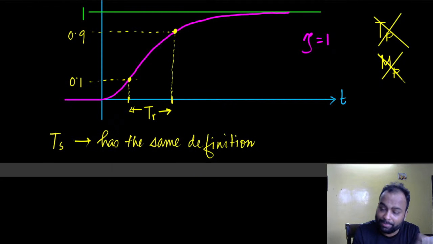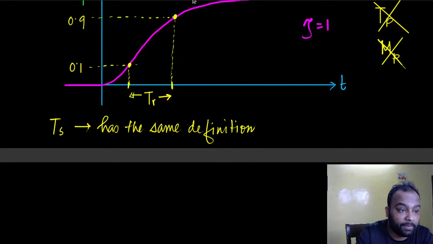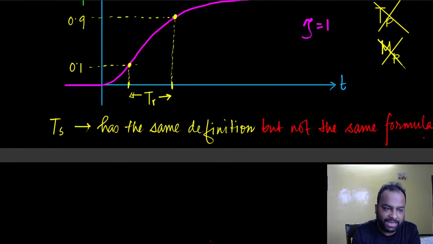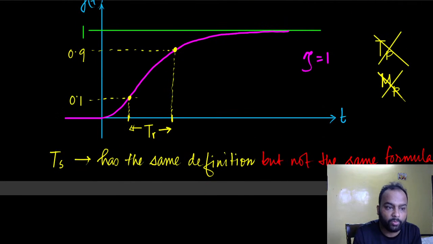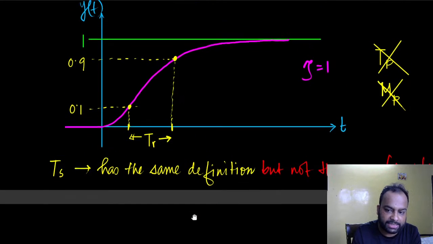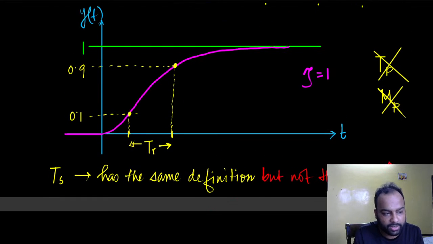TS has the same definition here, but not the same formula. You have the definition of TS, but the problem is that you can no longer use that old formula that we derived, like 3 by zeta omega n, to approximately calculate TS. That no longer works here. So the definition is the same, but the formula is not the same.